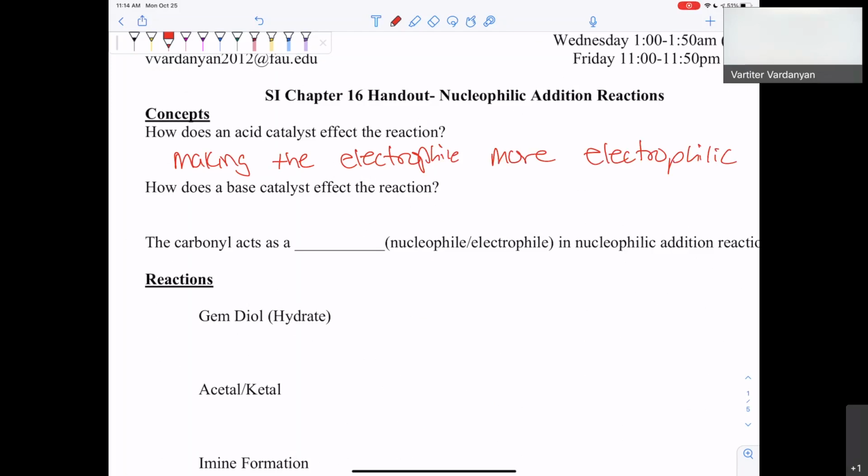So the acid catalyst makes the electrophile more electrophilic. Whereas a base catalyst makes the nucleophile nucleophilic.